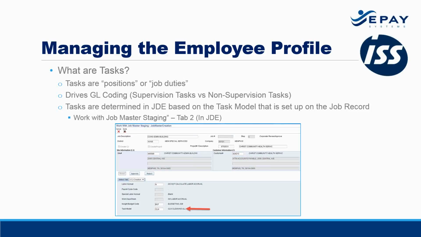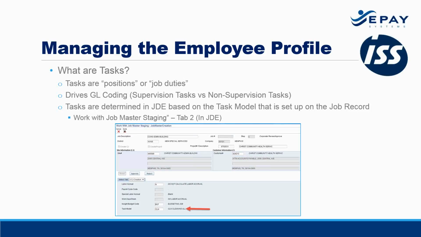Now, tasks are determined in JDE based on the task model that's set up on that particular job record. So real quick, for those that have JDE access on setting up a job, which is typically the admin person at most jobs, or if you have a hub group that controls a lot of that accounting functionality, they will be setting up the jobs for you as well.